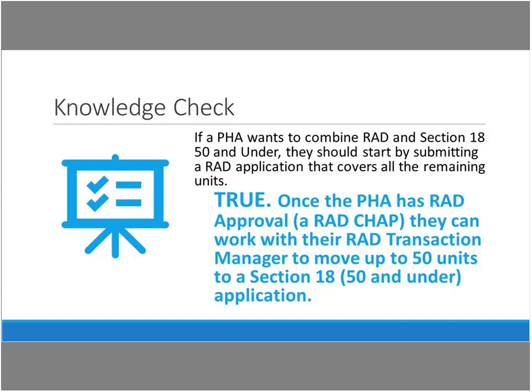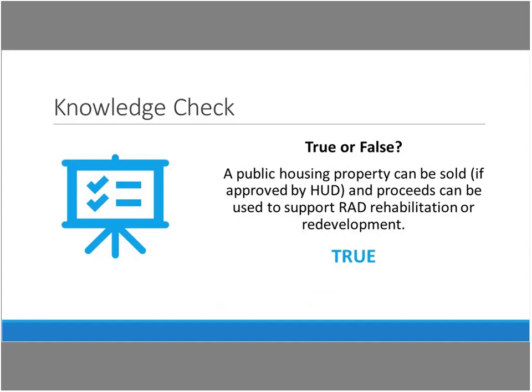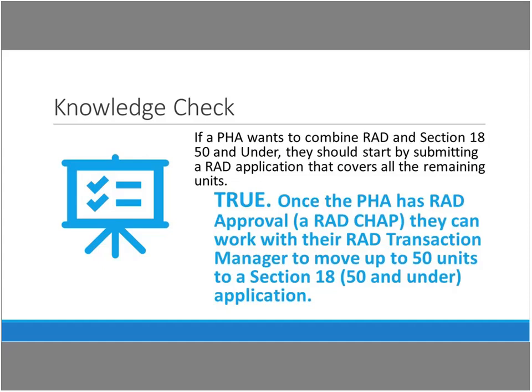Let's skip ahead here. Oh, apologize. If a housing authority wants to combine RAD and Section 18, 50 and under, they should start by submitting a RAD application that covers all the remaining units. So this particular tool or combination of tools is facilitated through the RAD interface.